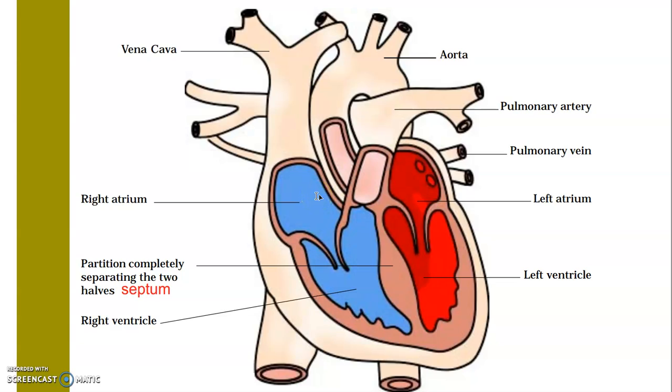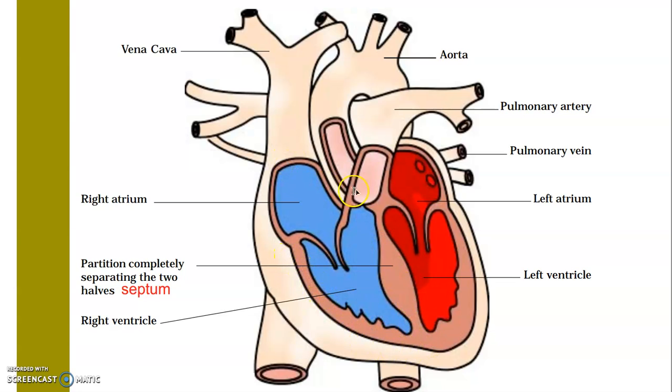Our heart is divided into 4 chambers: the upper 2 chambers and the lower 2 chambers. You can see the walls of the top chambers are comparatively thin than this part.